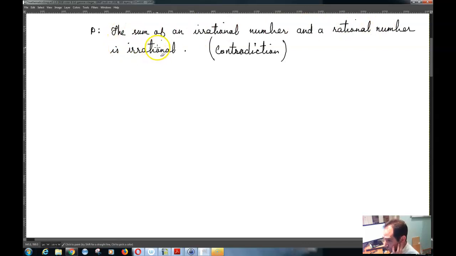Then, since we're using the method of contradiction, we assume that this statement is actually false, meaning that I assume that P is false, or I can say basically not P is true.